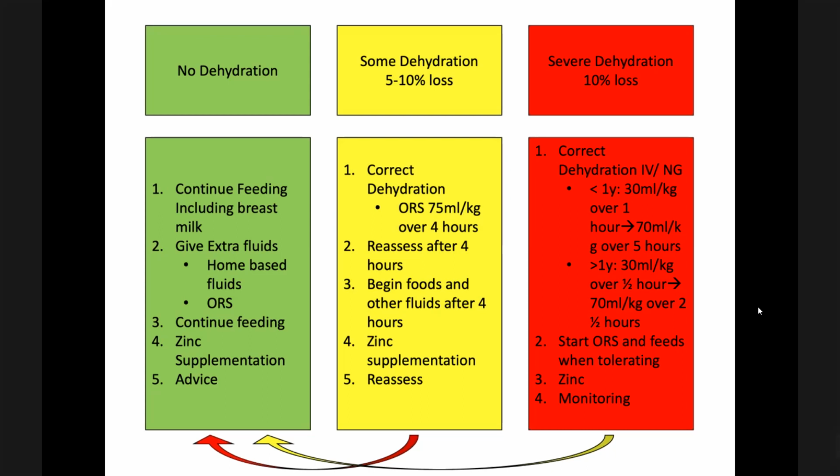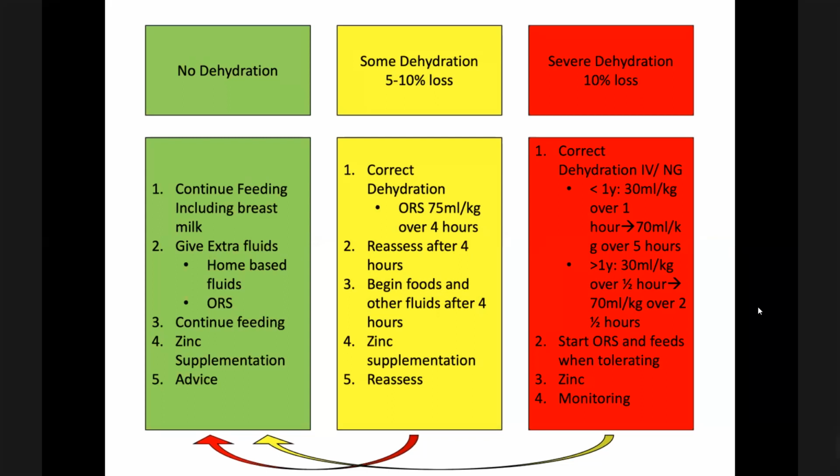So in some dehydration, we have lost about 5 to 10%, so we take the average, 7.5. When we convert it to volume, 1% equals 10 ml per kg, so 7.5 equals 75 milliliters per kg. That is the amount of deficit in this child, so we need to give that amount.